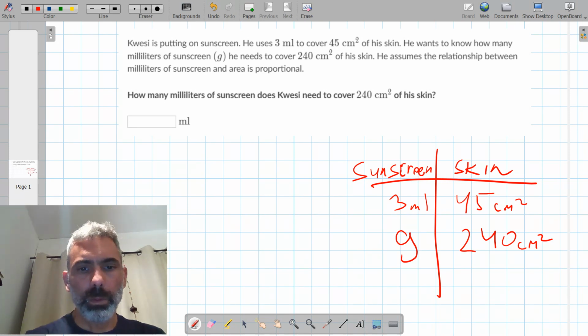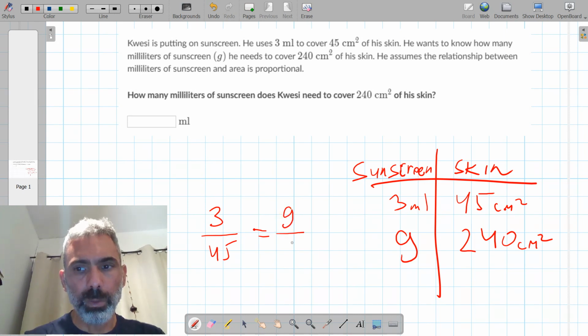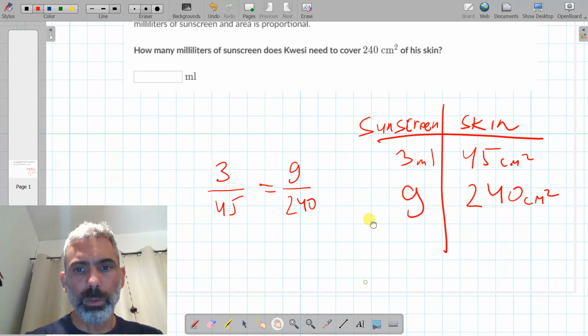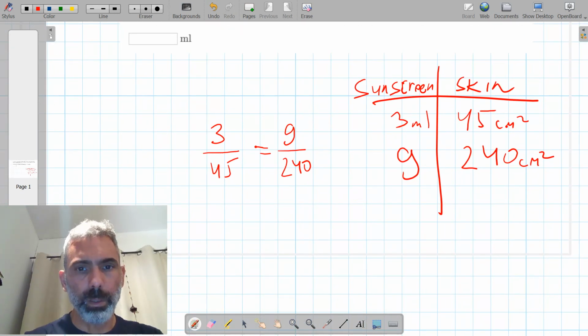So the relationship between 3 to 45 is the same as the relationship between the unknown amount of sunscreen to 240. So to solve this, we need to cross multiply. So we isolate the G, the unknown.